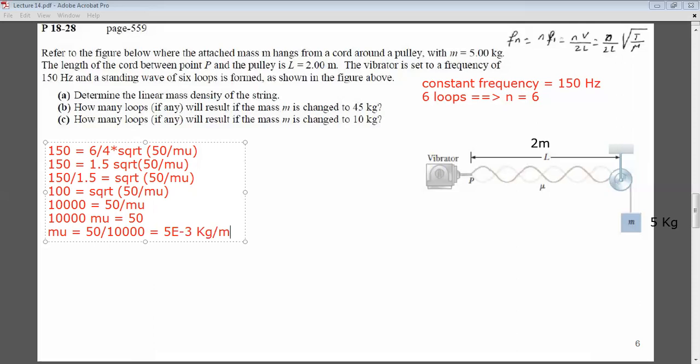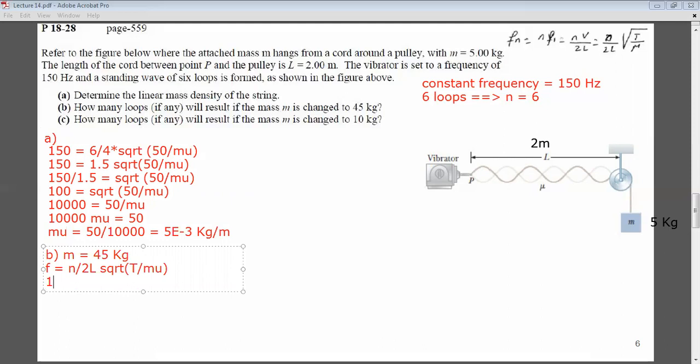How many loops will result if the mass m is changed to 45 kilograms? So this is part A, now part B: the new mass is now 45 kilograms, and we want to find n, if there is n. Again, we will be using the formula f equals n over 2L times the square root of T over mu, and I will plug in the values.